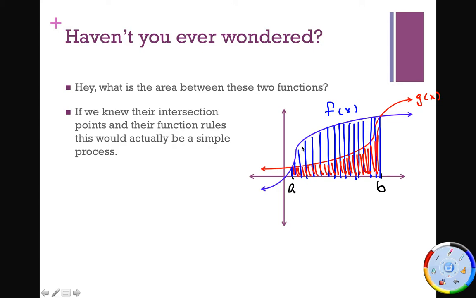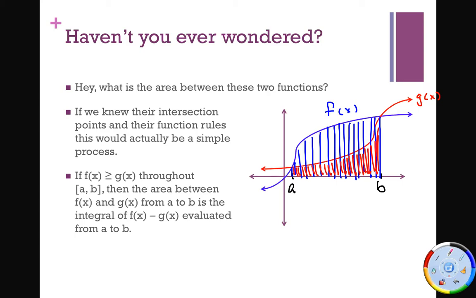So if we knew the two points of intersection, A and B, and their function rules, meaning whether it's x squared plus 7 or whatever the equation is, it's actually a very simple process.